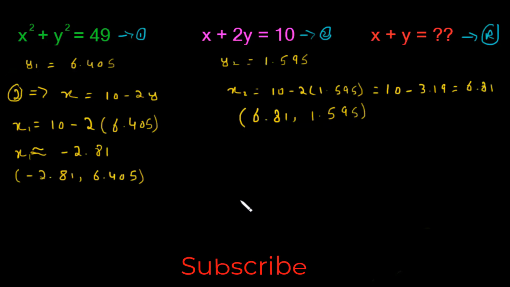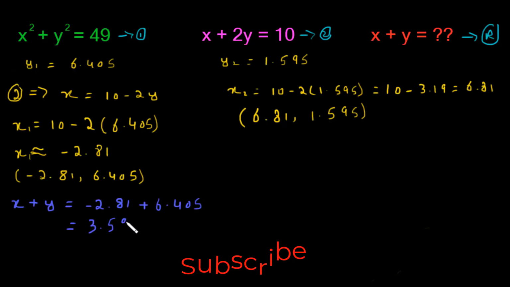Finally, to calculate the required x plus y, for this set of points we will have minus 2.81 plus 6.405, and we will get approximately 3.595.